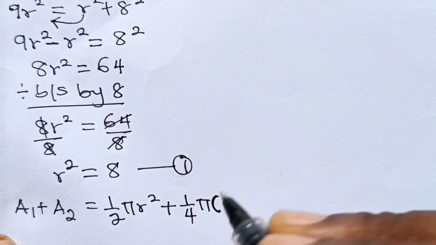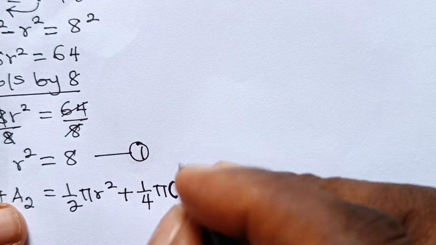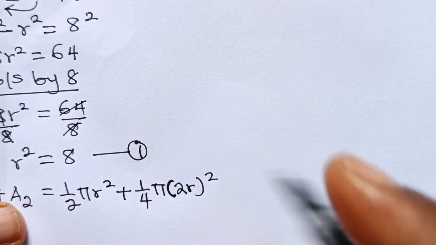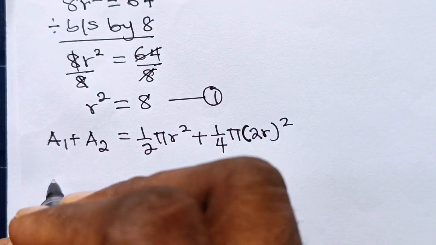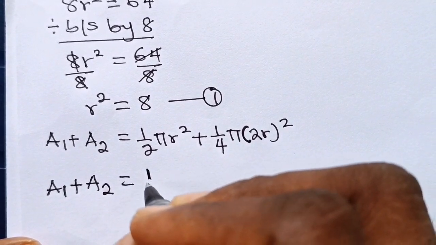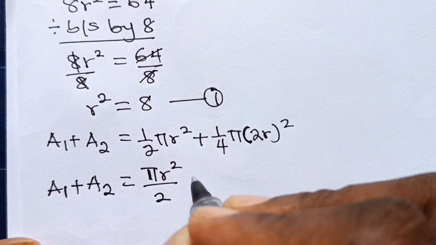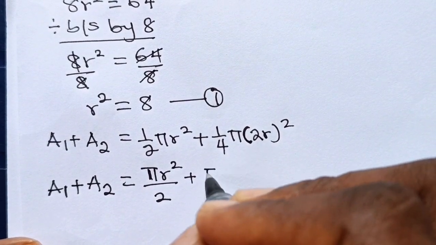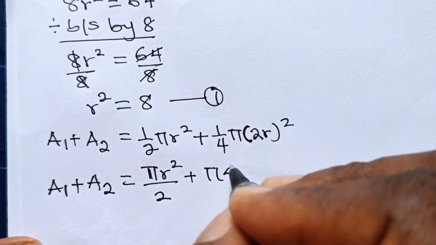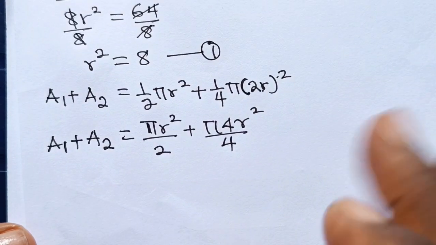Now remember that the radius of our quadrant is 2r, okay, 2r squared. So we have A1 plus A2 is equal to pi r squared divided by 2 plus pi, 2 squared is 4, r squared divided by 4.